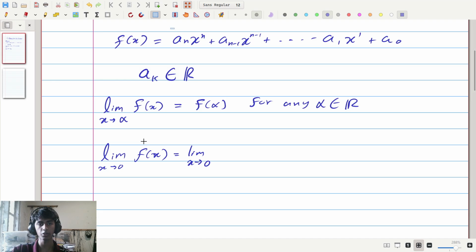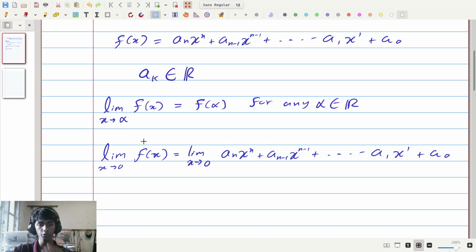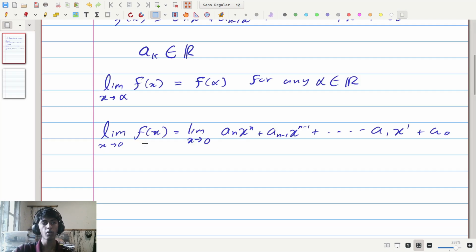So here, this is the limit as x approaches 0 of all of this stuff on the right, which I'm going to copy and paste down into here. When we apply the limit, all of these x to the n powers will be 0 to the power of n, which is 0. This is 0 to the power n minus 1, which is 0. So the whole term goes to 0.